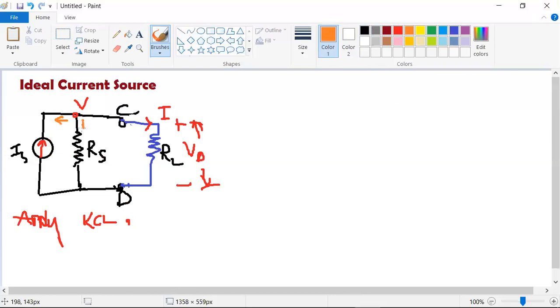Three currents are flowing through this. One is exactly opposite, minus IS, plus VS by RS, the same current which flows in my assumed direction, is equal to 0.